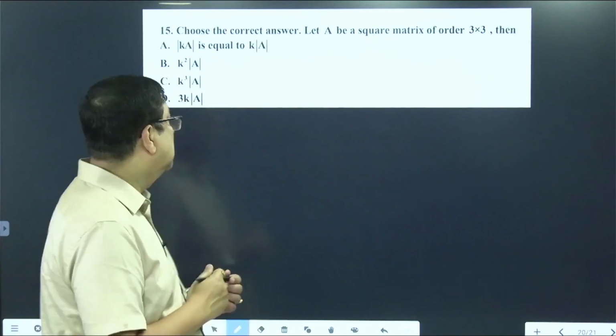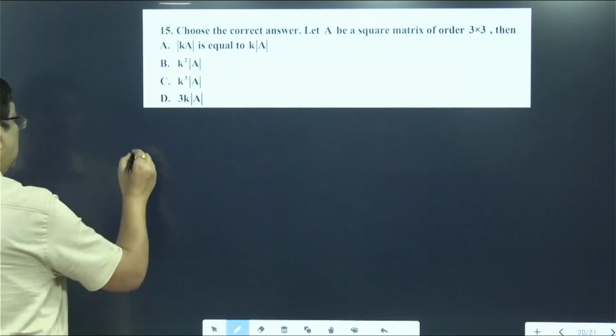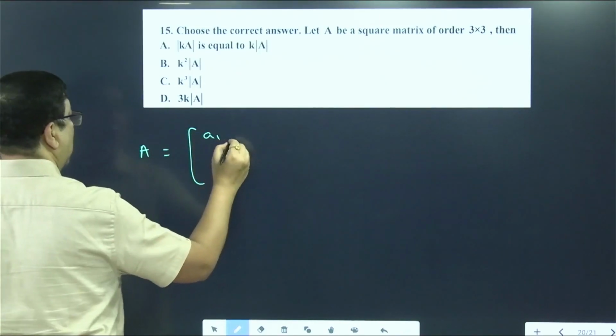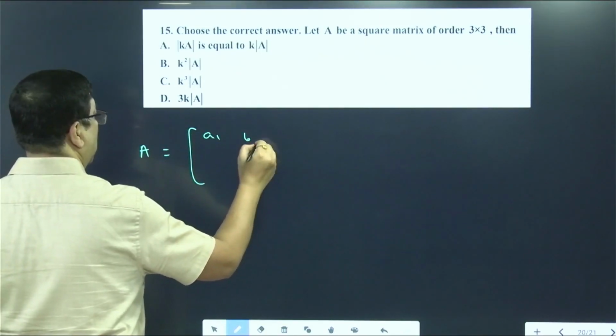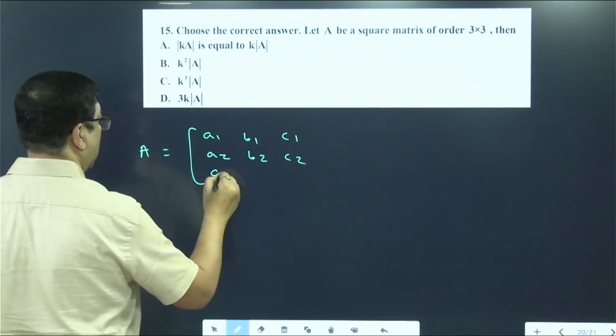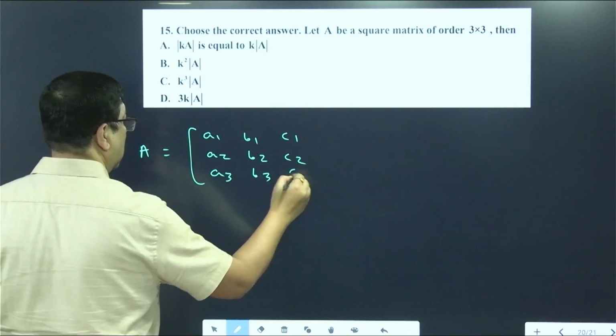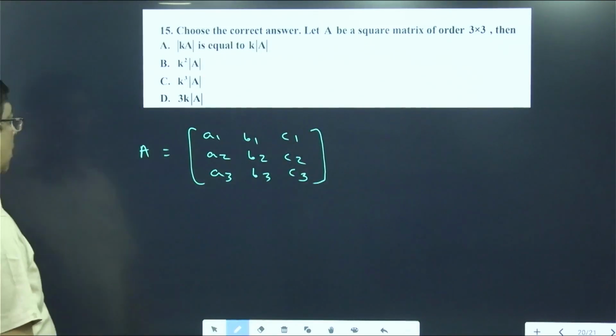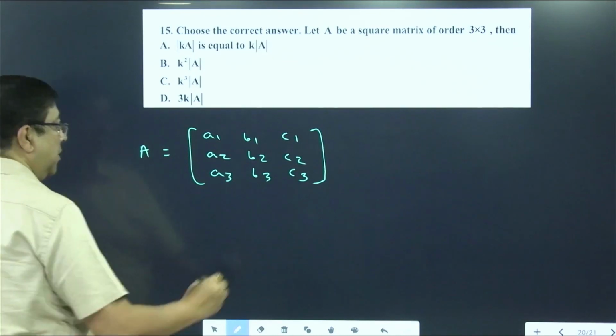So let's see this. First of all, let us consider one matrix, that is A. This is A1, B1, C1, A2, B2, C2, A3, B3, C3. Suppose this is a matrix. Now let us multiply K with the matrix.